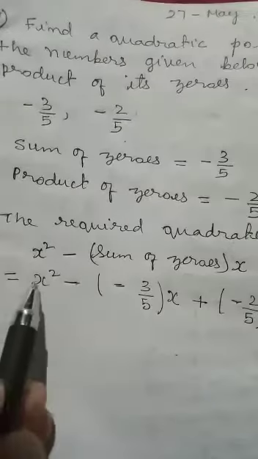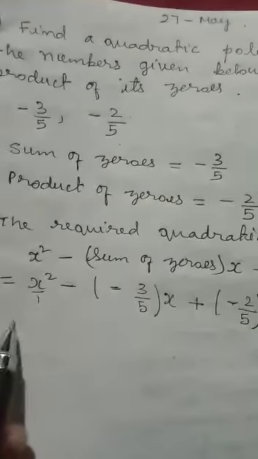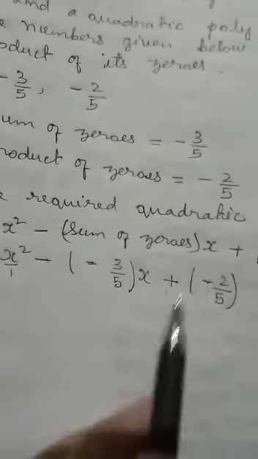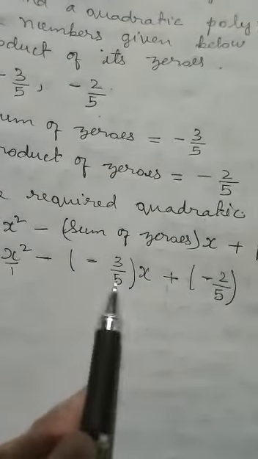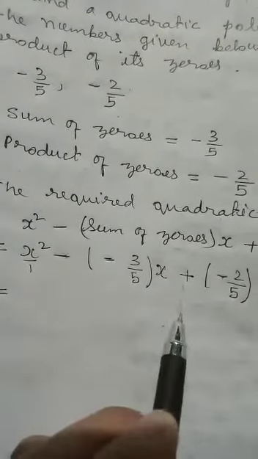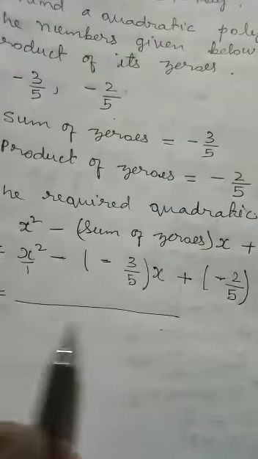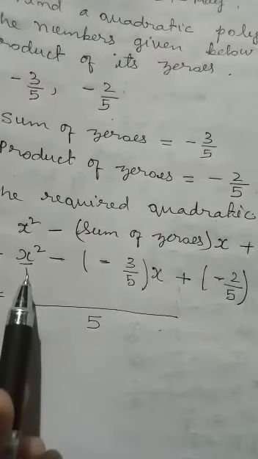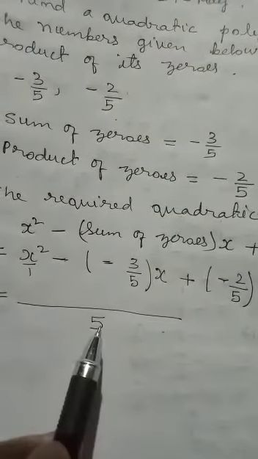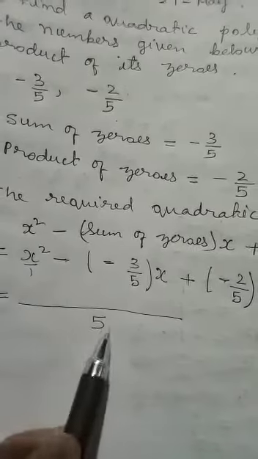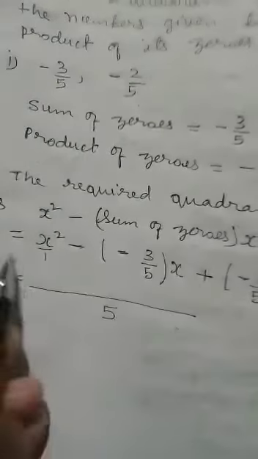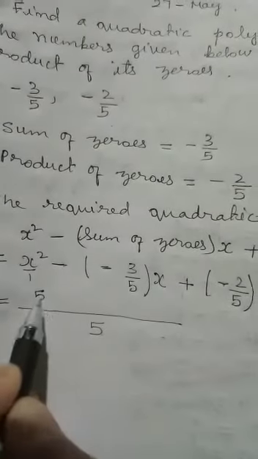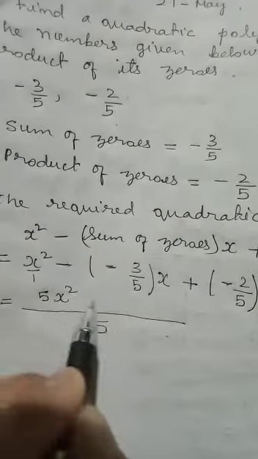So here we have a fraction. What to do? Whenever we have a fraction with plus or minus, we take the LCM, right? LCM of 5, 5 and 1. So definitely the LCM will be 5. Remember, denominator divide LCM. 5 divide 1 will be 5. So 5 into x square, it will be 5x square.